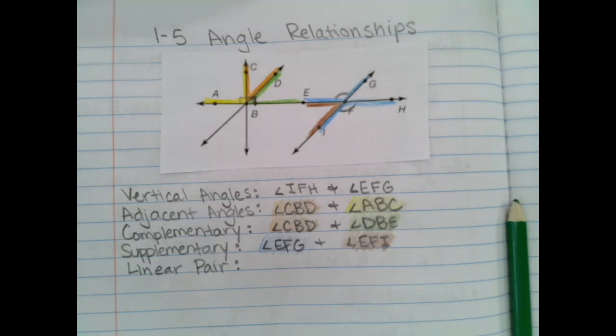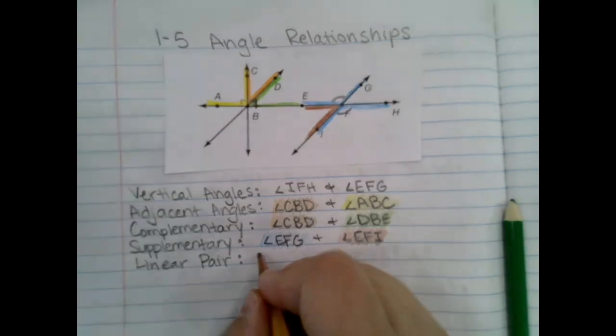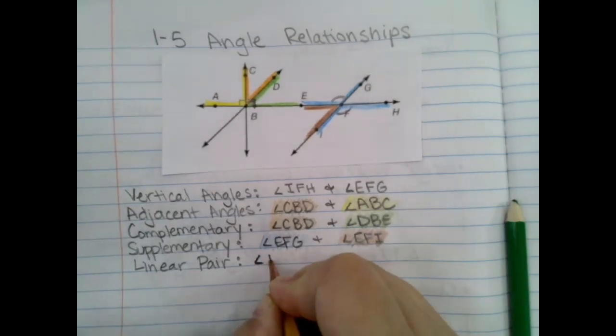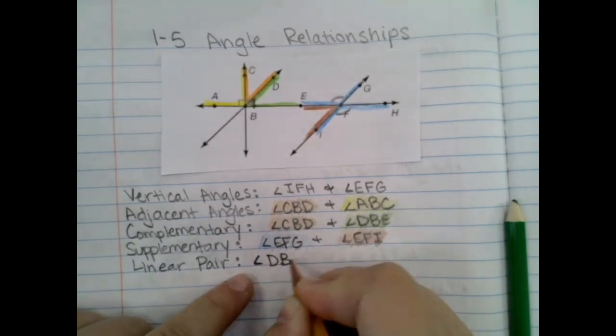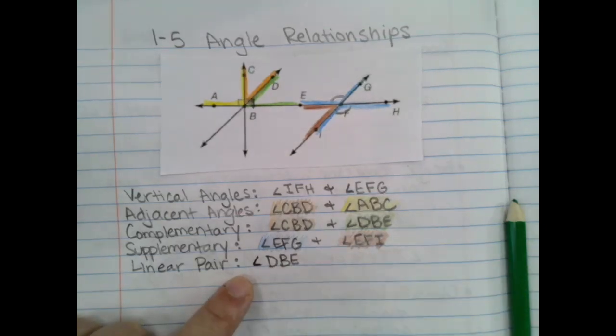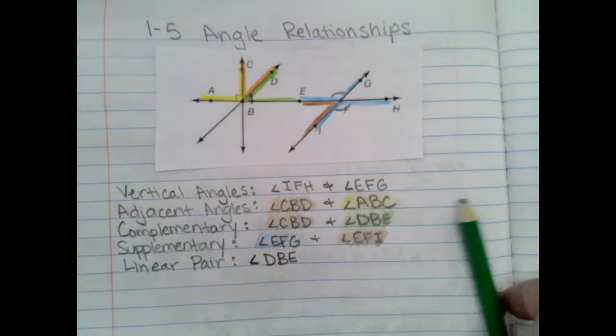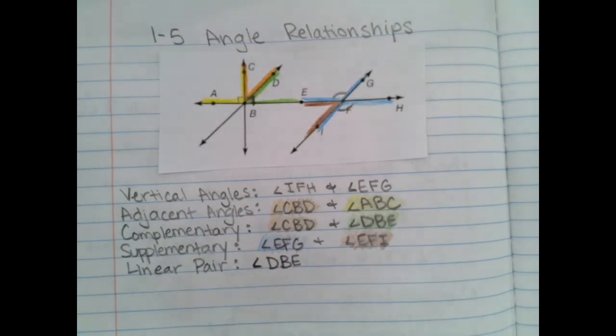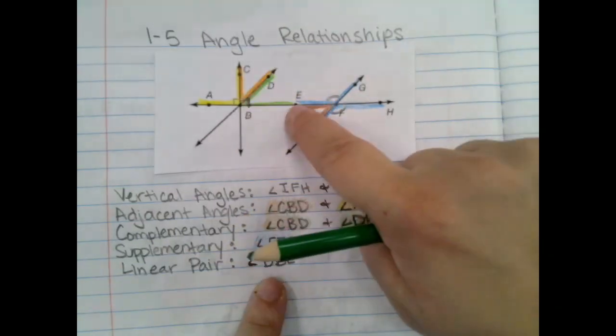Okay, we're going to start with angle DBE. Angle DBE. Which we already colored. So if your coloring is different than mine, that's okay, but locate your DBE. My DBE I colored in green.